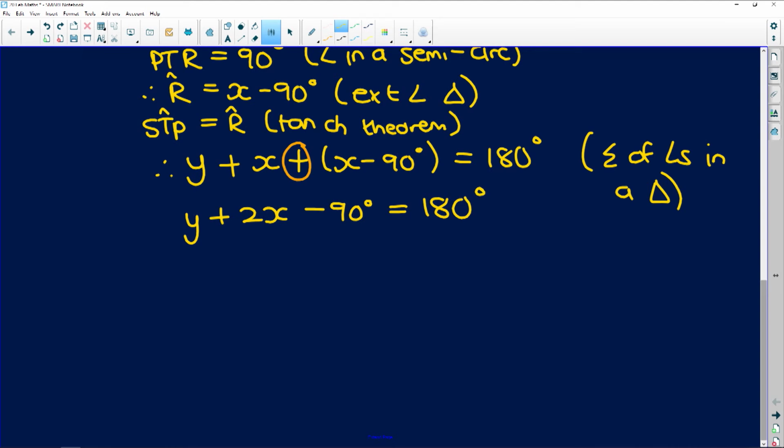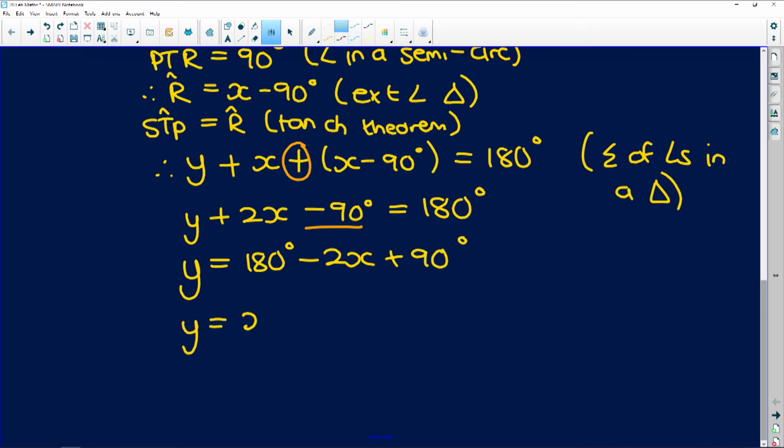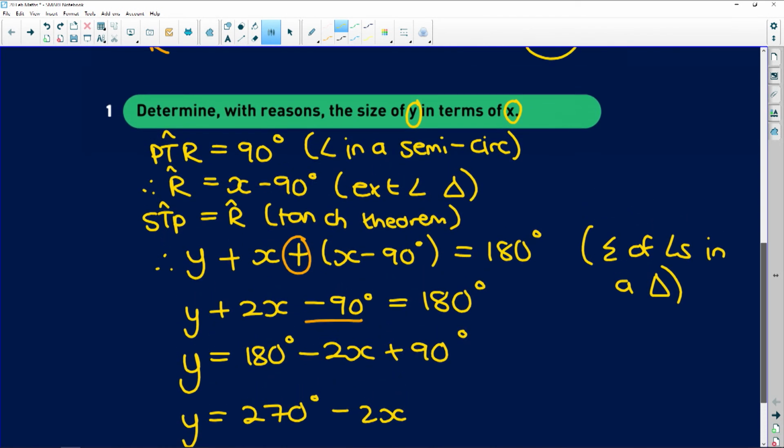So now, if we further manipulate, Y is equal to 180 degrees minus 2X, and if I add 90 degrees to both sides, I get that Y is equal to 270 degrees minus 2X.